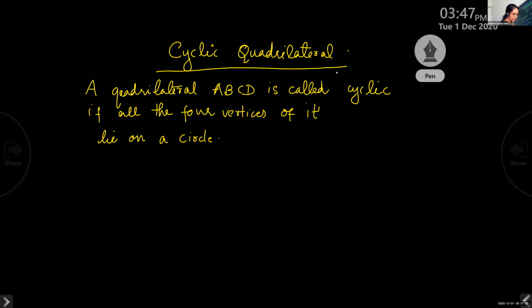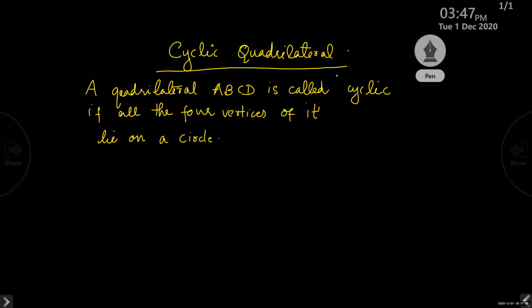A quadrilateral is called cyclic quadrilateral. See, children, how can you recognize a cyclic quadrilateral?